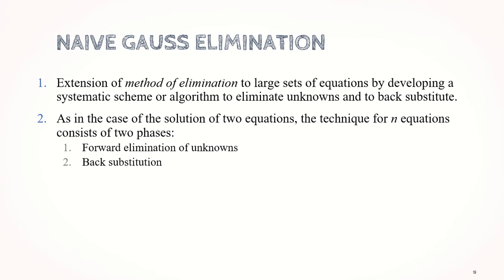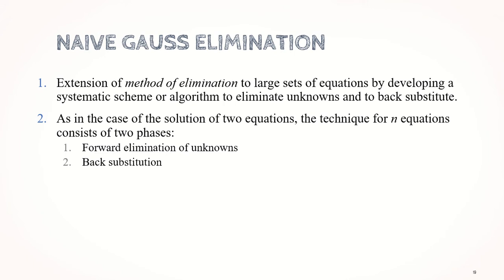This is actually the same answer that we got with example 1 and also example 2. Now, the next method that we are going to learn is the naive Gauss elimination. The previous elimination of unknowns technique can also be extended to large sets of equations using algorithms to eliminate unknowns and to back substitute.